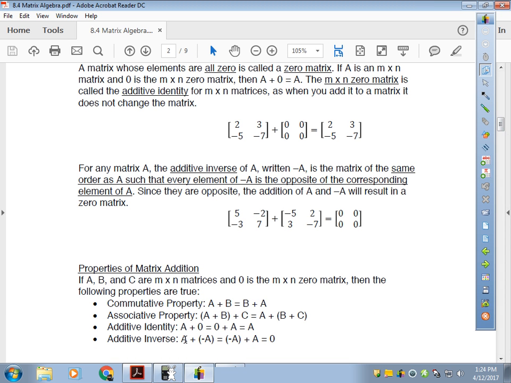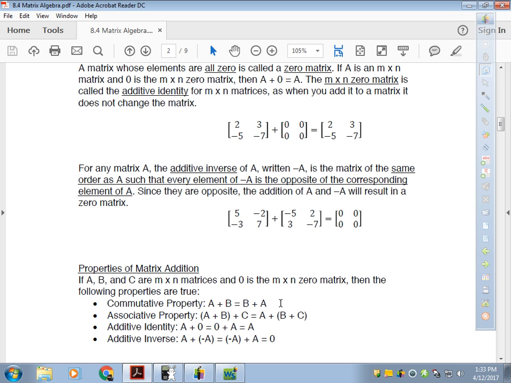You can see here some properties of matrix addition. There is a commutative property. Matrix A plus matrix B is the same thing as matrix B plus matrix A. The order in which you add them does not matter. There's also an associative property. A plus B, then plus C is the same thing as B plus C and then plus A. It doesn't really matter which order you add them in.